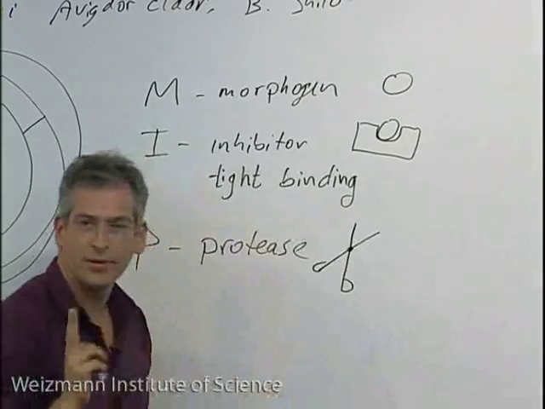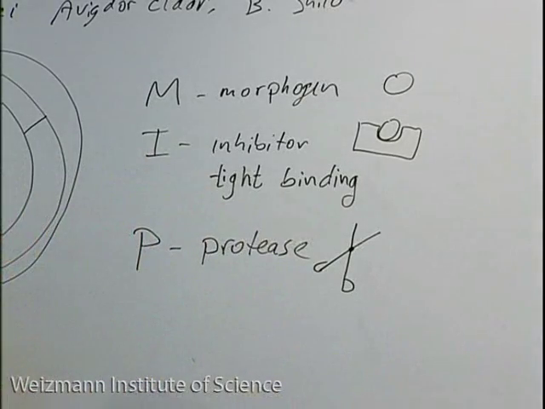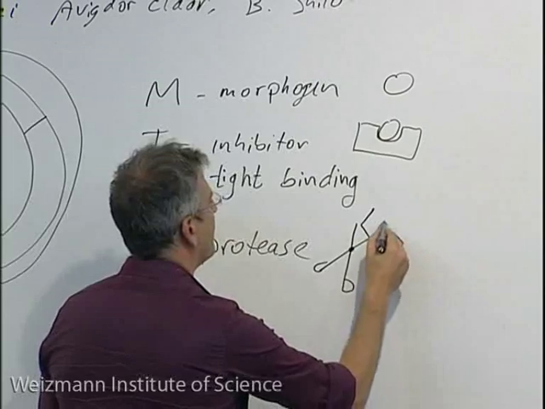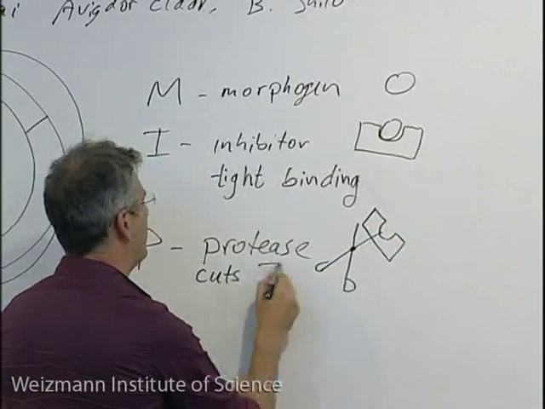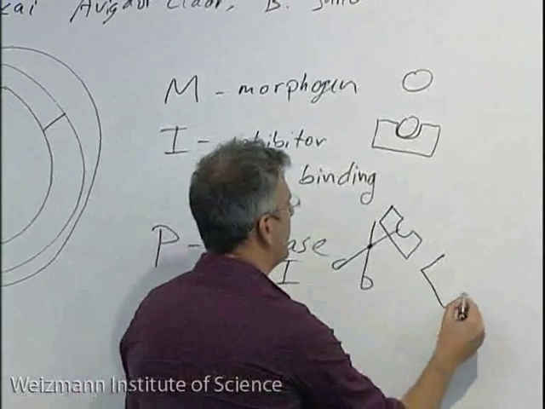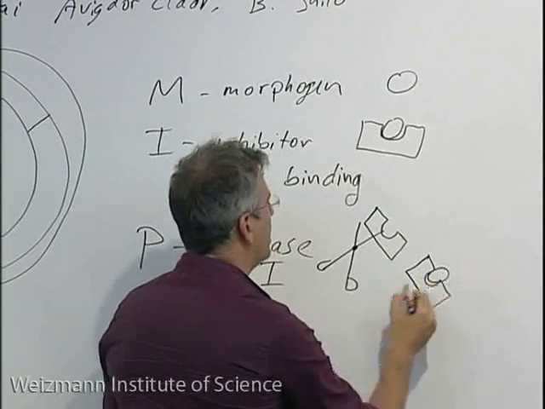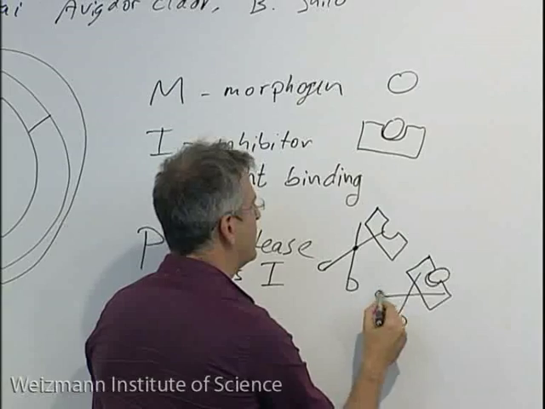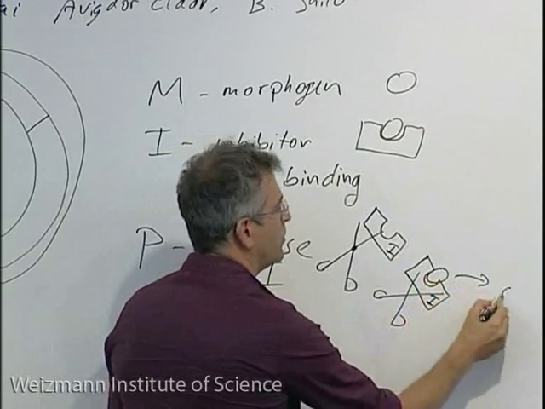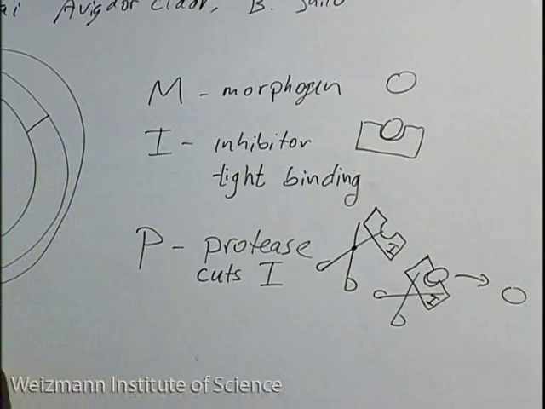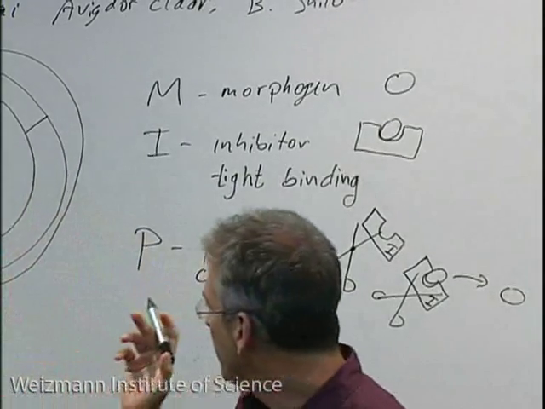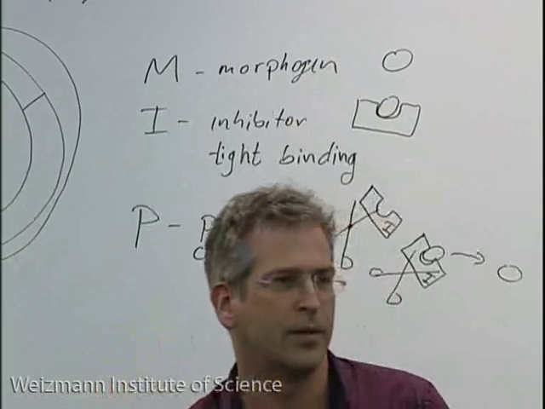It can cut proteins, and it cuts I. It can also cut I when it's bound with the morphogen, to release the morphogen. Okay? So these three proteins are called BMP, SOG, and tolloid, the names of these proteins.